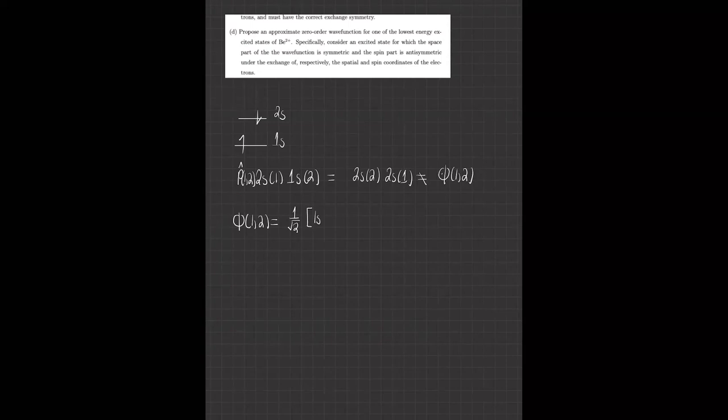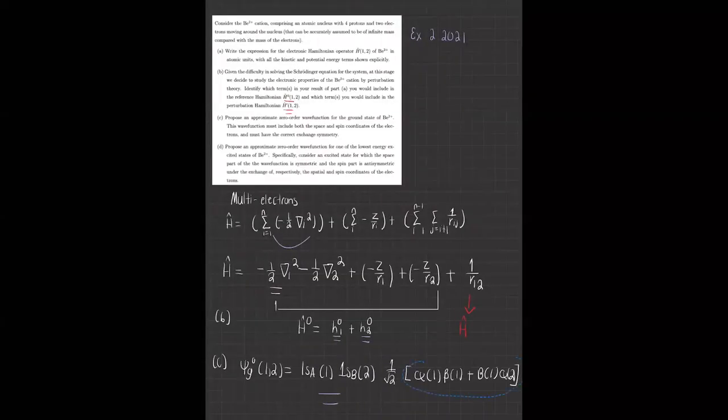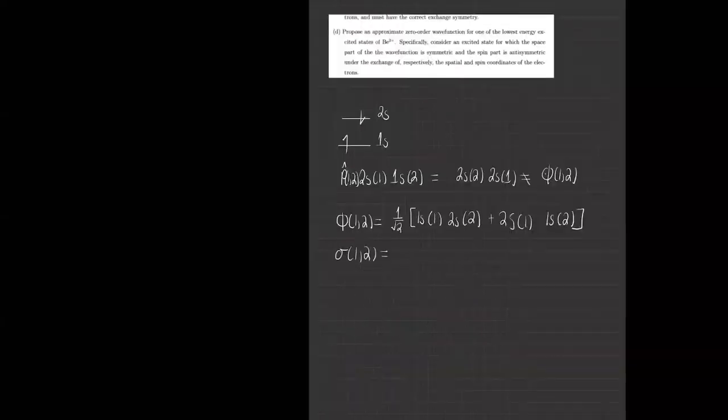1s1 and then 2s2, and that's plus 2s1 and then 1s2. And I'm not going to show this, but if you apply the operator, this is going to be symmetric. And the spin part of 1, 2 is just going to be the same equation as before, but this time it has a minus sign because it's anti-symmetric.